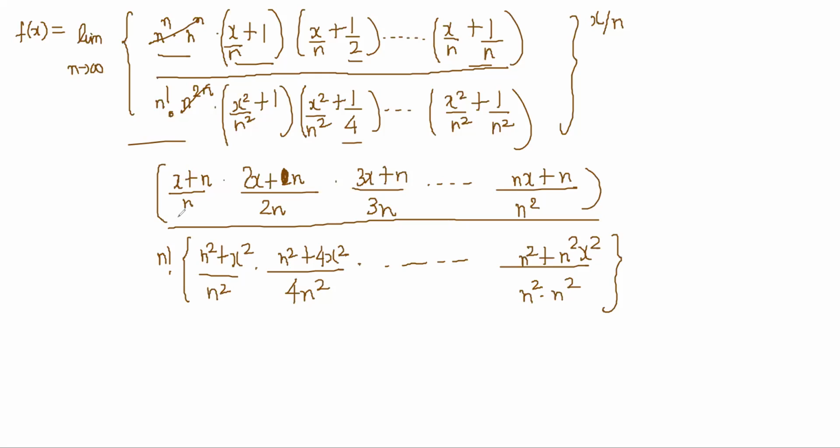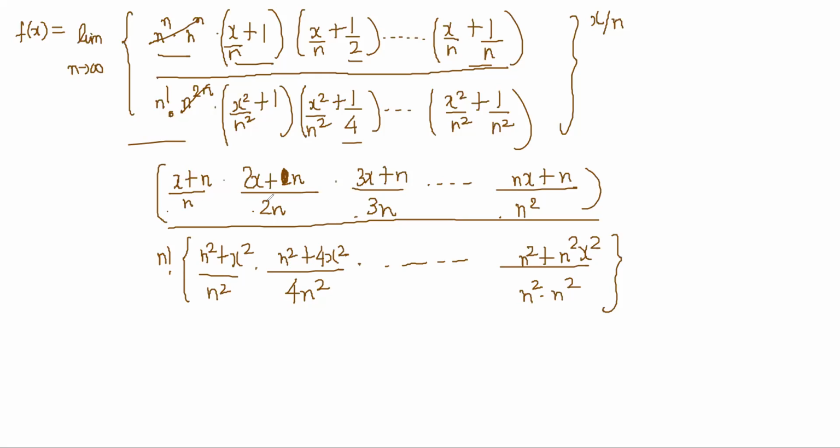Now x by n. Okay, at least the rx by n type of thing is happening, right? Yeah. So okay, that's good news. Now you have to remove the 1 into 2 into 3 into 4, into n, right?